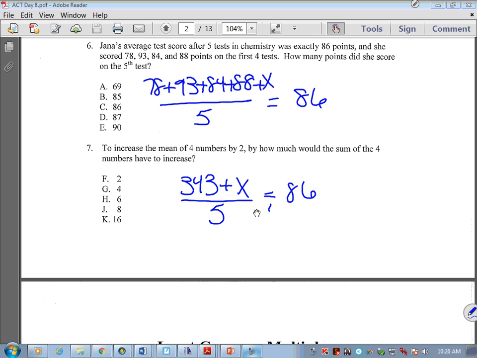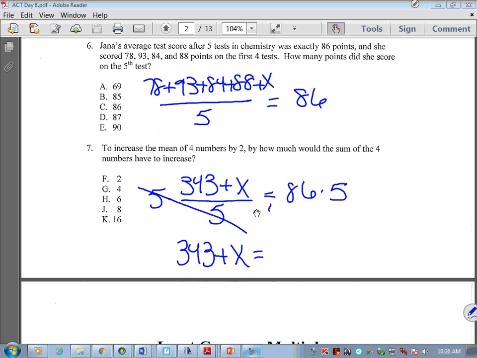Yeah, I would move the 5 over, but how do I do that? Exactly. Because I'm dividing by 5, in order to undo that division, I'm going to multiply both sides by 5. Okay? That's going to eliminate that in the denominator, so I should get 343 plus X.